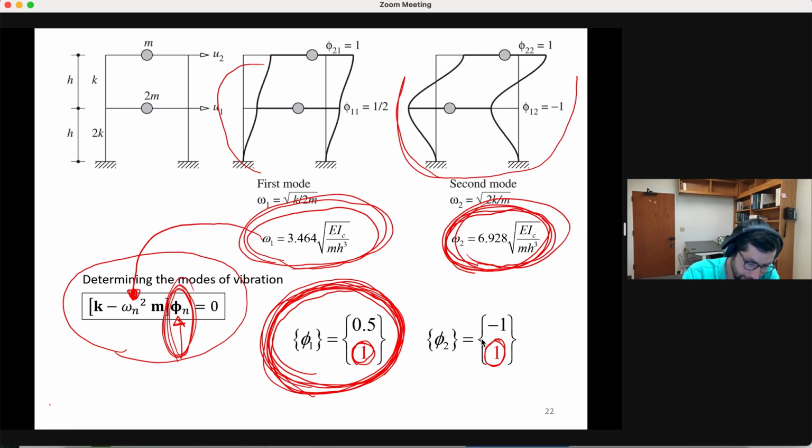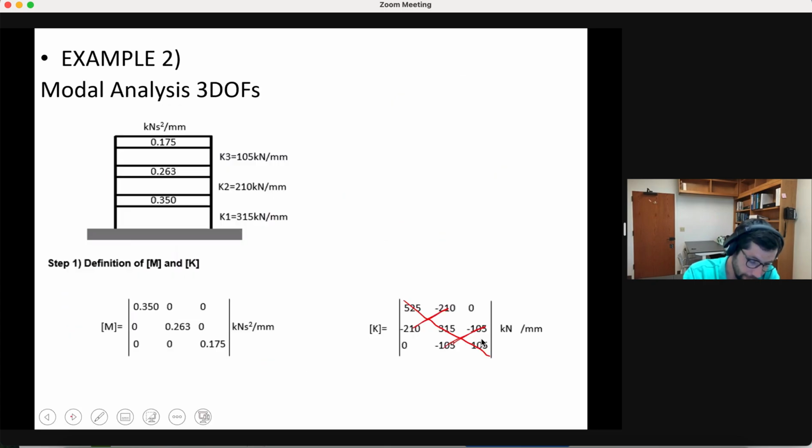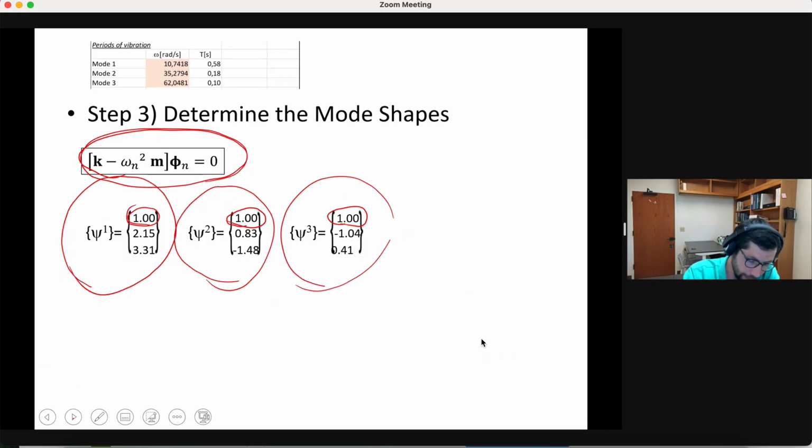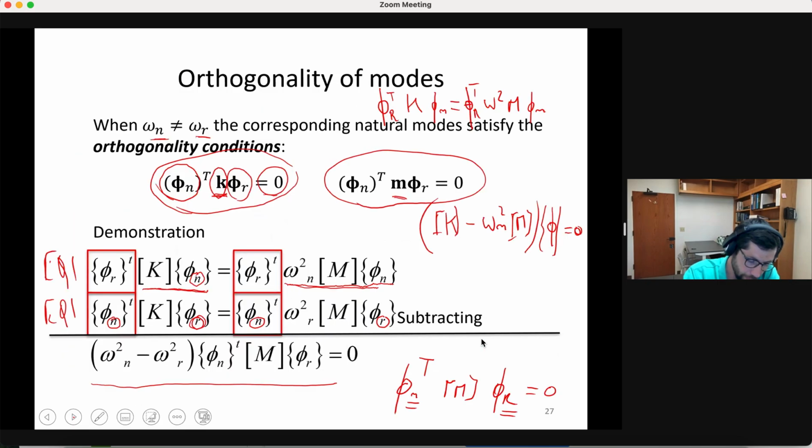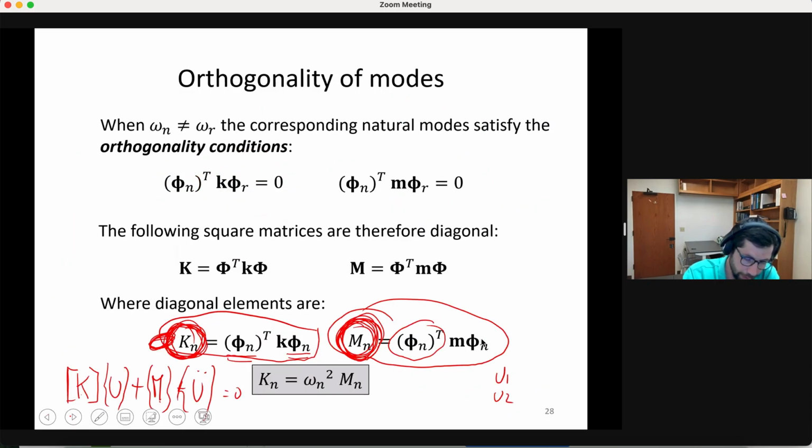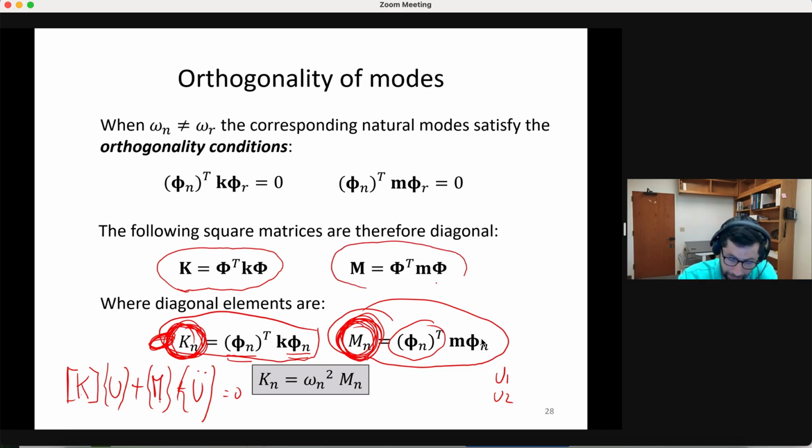The very last result which we have seen for today, and it's a very important result, is the result described in this slide here, which is basically showing that a new stiffness matrix can be written and a new mass matrix can be written, where these two are now diagonal matrices.